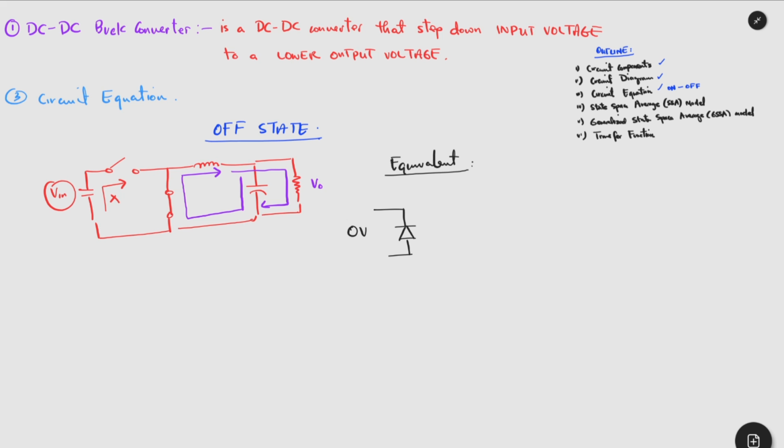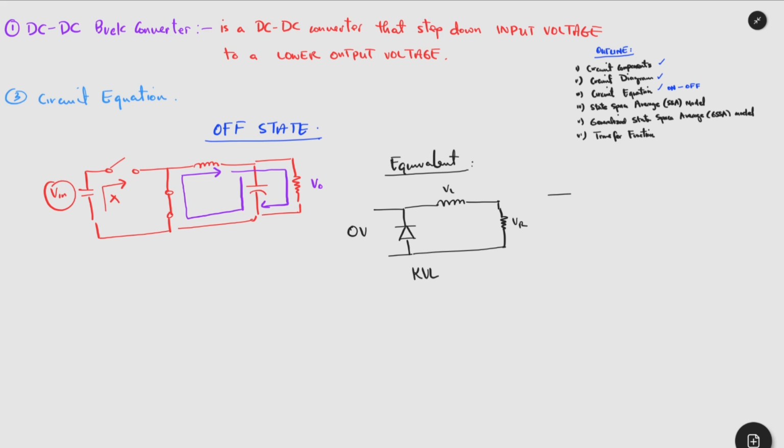That means the voltage input or the source is disconnected, and we have the inductor. We only have this resistor here, so we have the VL and the VR, and we have the 0 volts as the input, and from here we can apply the KVL.